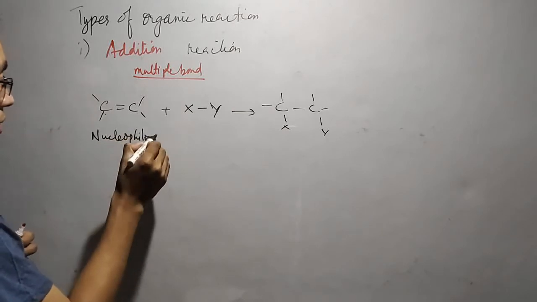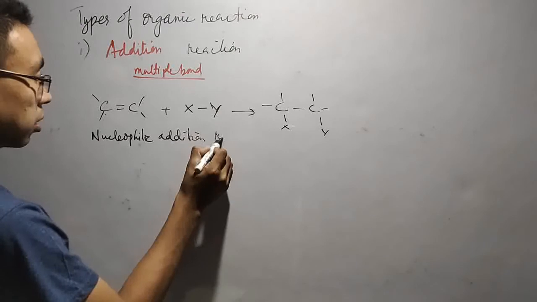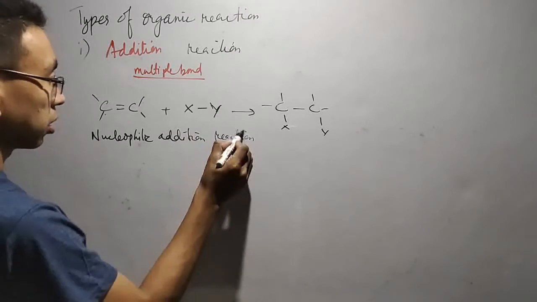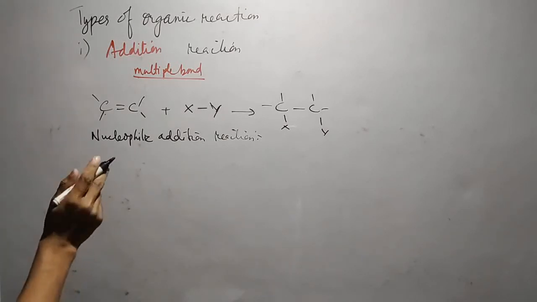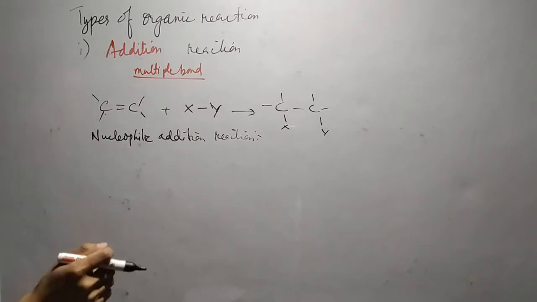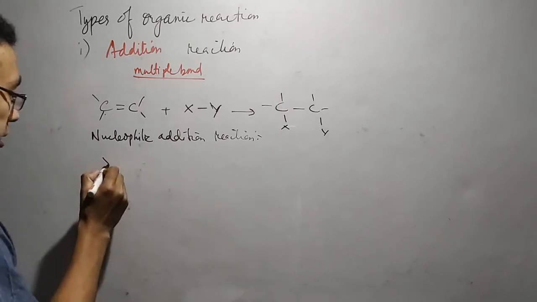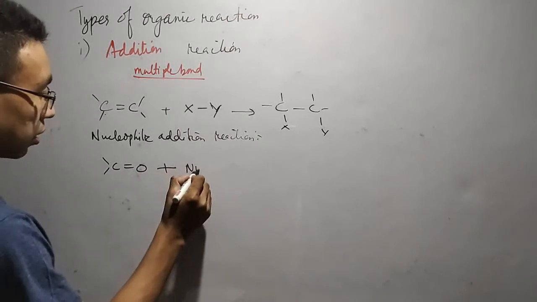The first one is nucleophilic addition reaction. In nucleophilic addition reaction, a nucleophile is added. At first the nucleophile will be added, then only the electrophile will be added. Let us see one example, plus Nu minus.